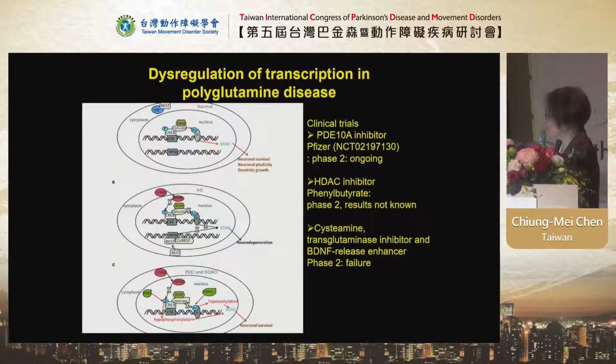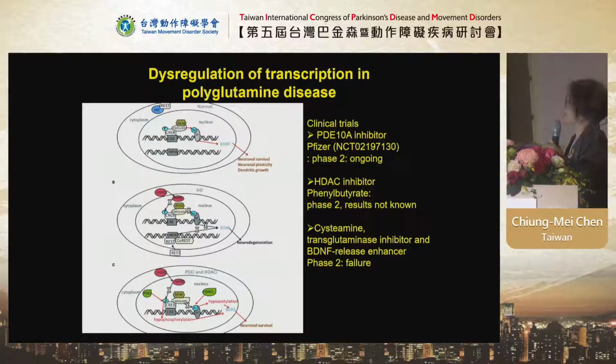So HDAC inhibitor can enhance histone acetylation. PDE inhibitor, phosphodiesterase inhibitor, can enhance CREB phosphorylation.